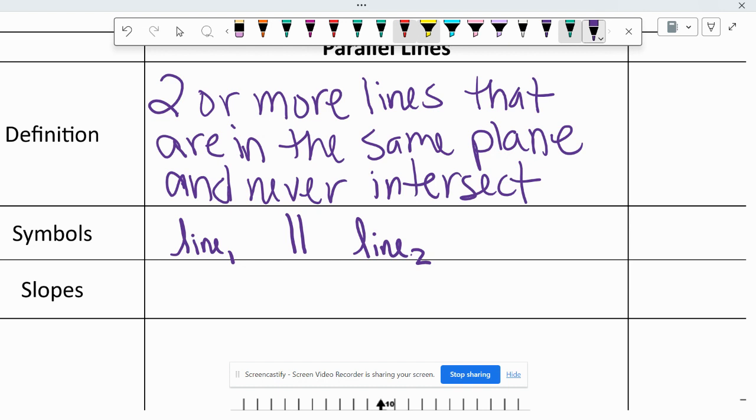If the two lines are never going to intersect, that means that they have the same slant. And slant describes their slope. So that means that they have the same slope. Their slopes are equal.